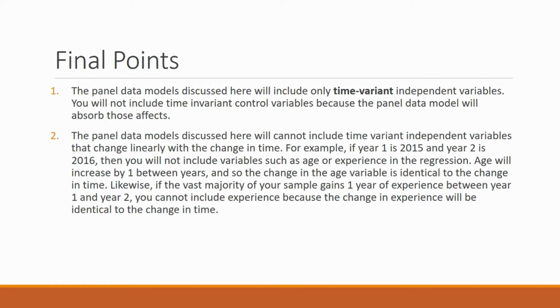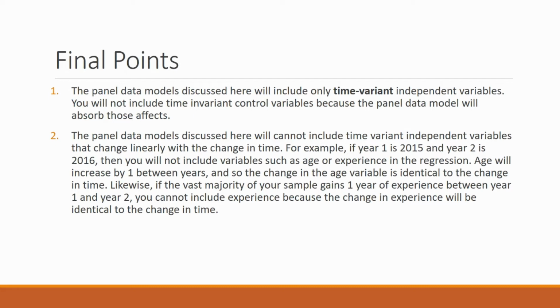But likewise, if the vast majority of your sample gains 1 year of experience between year 1 and year 2, you cannot include experience because the change in experience will be identical to the change in time. So my point here is this. Let's say that you're doing this regression model and you have experience as one of your variables, but every single person in your data set increases their experience by 1 between 2015 and 2016.